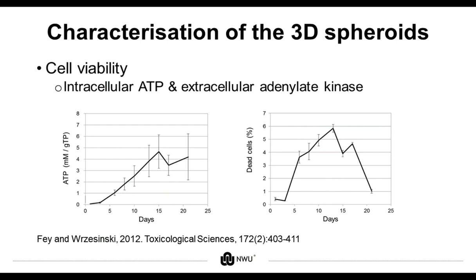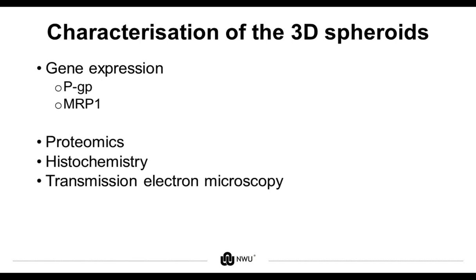Secondly, we characterize the spheroids based on their daily cell viability. By determining the intracellular ATP and extracellular adenylate kinase levels, a broad overview is obtained of the viability of the model over time.